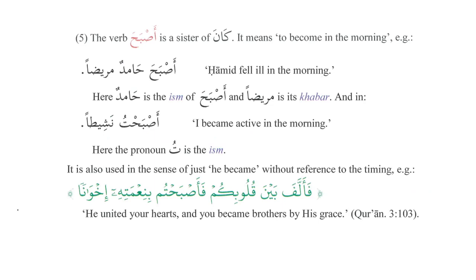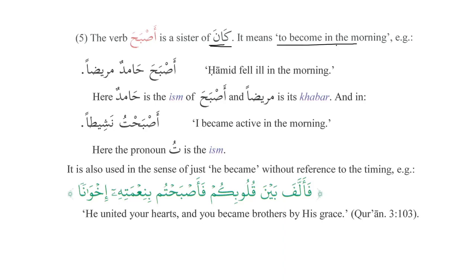Number 5, asbaha is a sister of kana. We know that kana has ismu kana and khabaru kana. Kana Allahu aliman hakima. If you remember one example, that is more than enough. So when we say kana Allahu aliman hakima, ismul jalalah, Allahu, is ismu kana, and aliman hakima is khabaru kana. Asbaha means to become in the morning, so it has basically two meanings.